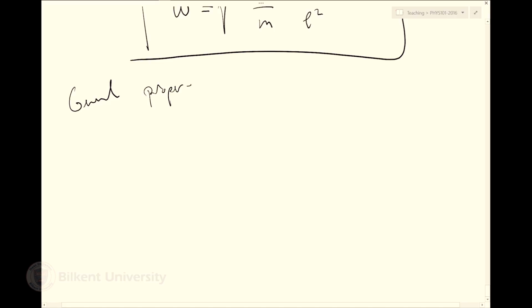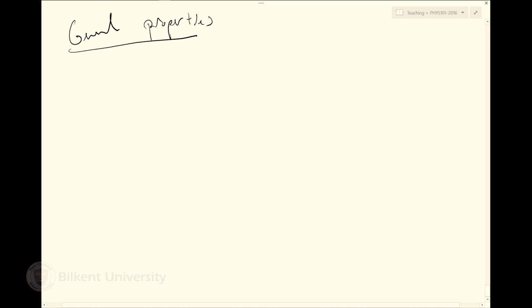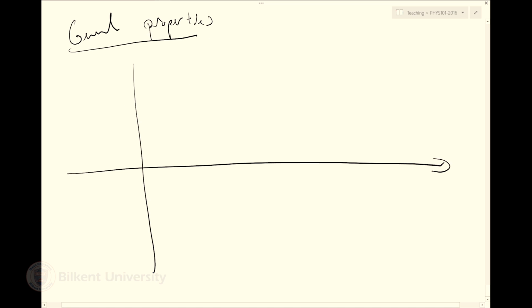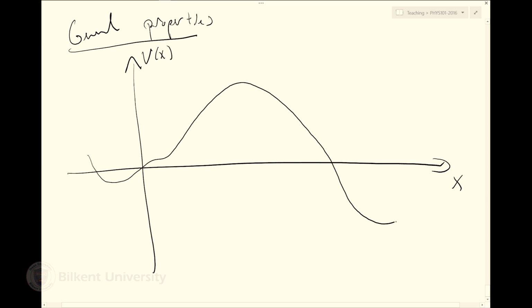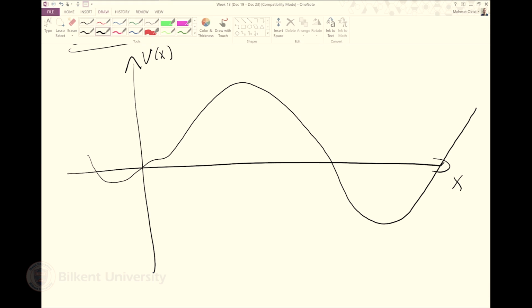Let me spend a few more moments talking about general properties of oscillators. In general, okay, if you have your potential energy as a function of x, what are the interesting things you can have? You can have peaks and valleys. What are the equilibrium positions when you have a profile of your potential energy?